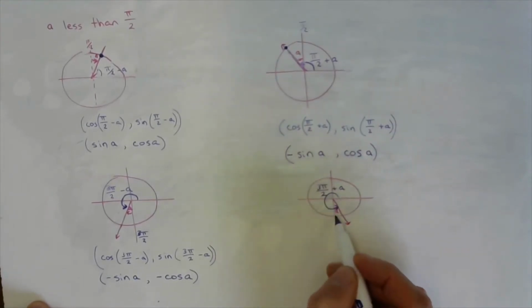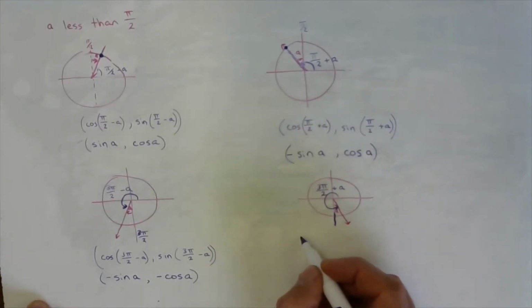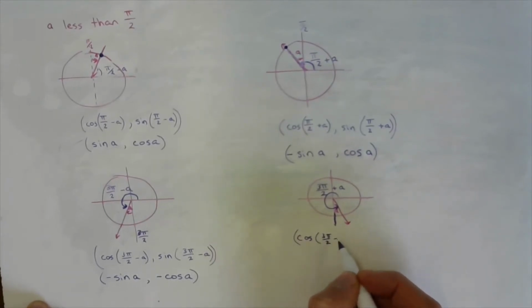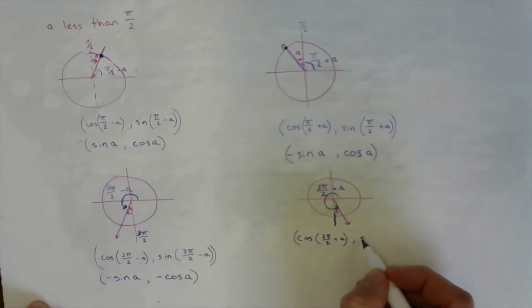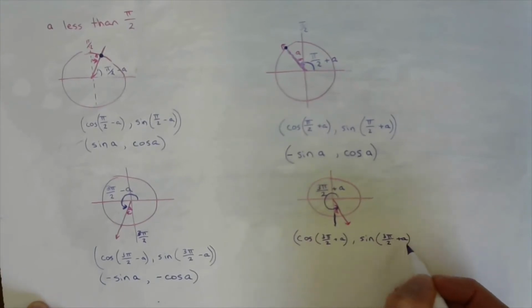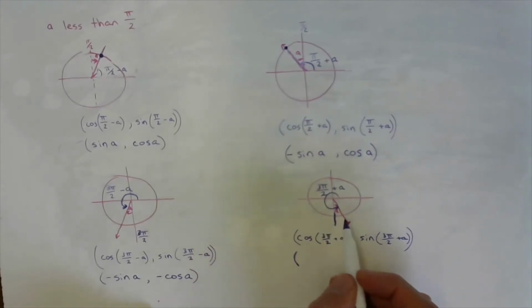So we're going to 3 pi over 2, which is down here at 270 degrees, is 3 pi over 2 radians, and we're adding A. So the coordinates are the cosine of 3 pi over 2 plus A, comma, sine 3 pi over 2 plus A. And in this set of coordinates, our y value is still negative, but our x value is positive.